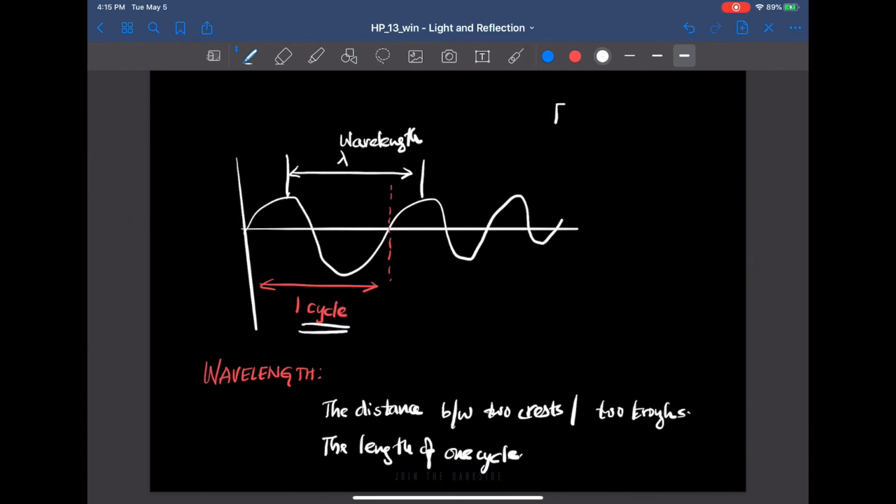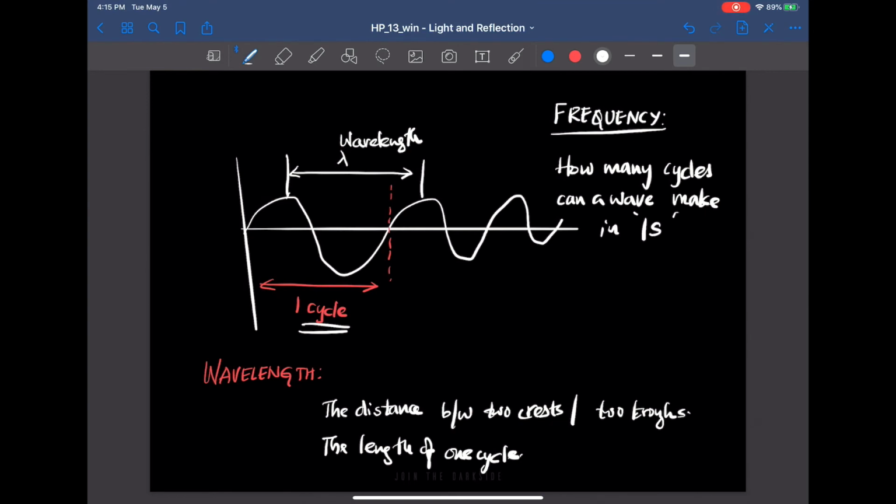The other definition we want to know is, what is frequency then? Frequency is a factor that determines how many cycles a wave can make in 1 second. We talked about a cycle; this is one cycle. The definition of frequency is the number of cycles per unit time.